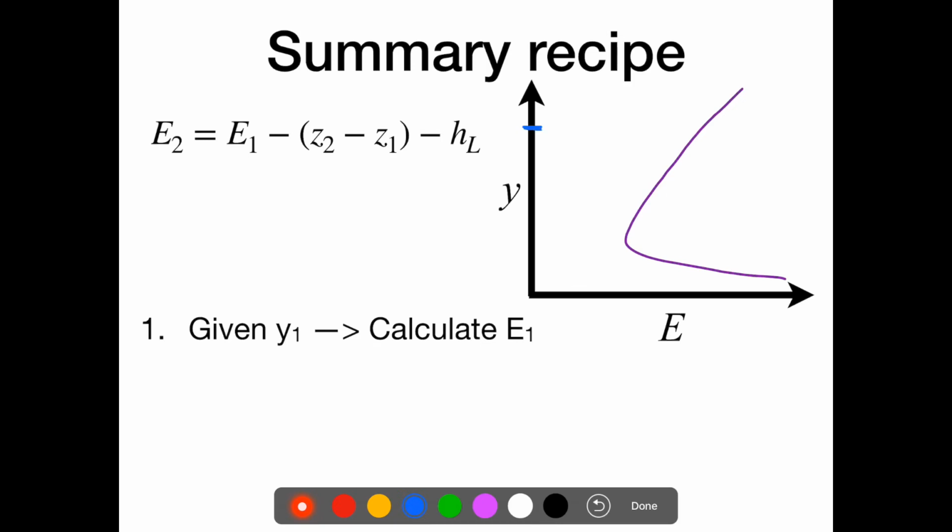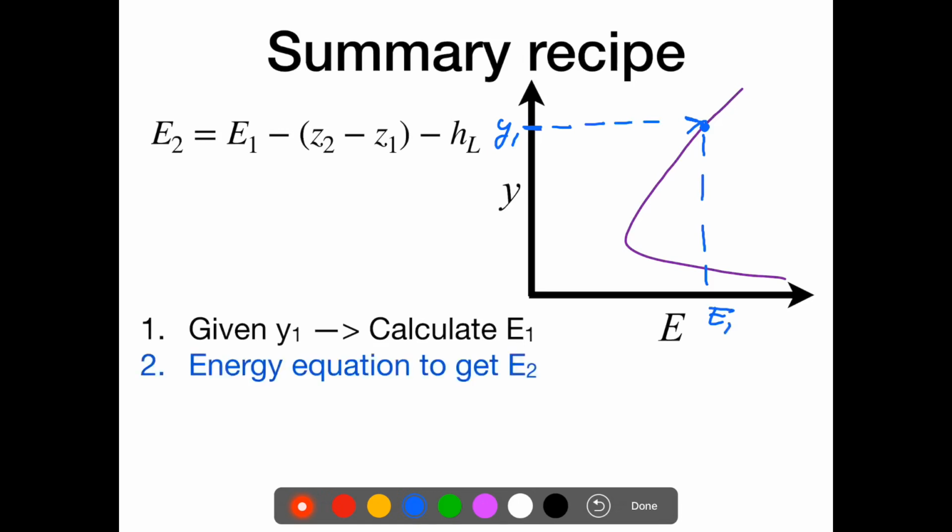So I'm just going to do a supercritical example here. So step 1 says go from Y1 to E1, which if you do it graphically looks like this. Step 2 is going to be our energy equation to get E2. So depending on what the channel bottom is doing, we will move over by some amount. And this would be the case here. Going to the left is going to be if the channel bottom is rising.